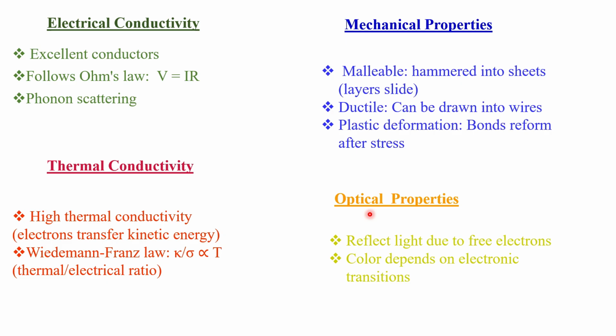Optically, free electrons interact strongly with electromagnetic waves. Incoming light induces collective oscillations of electrons, leading to reflection. This is why metals are shiny and why their color depends on electronic transitions.